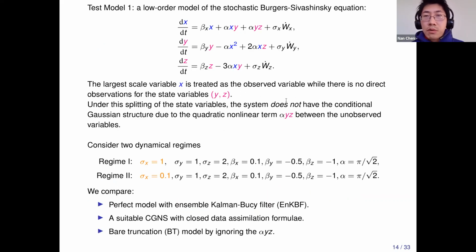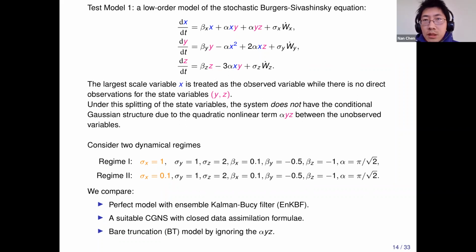Then I will show some more practical examples. Let's consider this very simple, only three-dimensional, low-order model motivated by the Burgers-Sivashinsky equation. And here, let's say X, which is the largest-scale variable, is our observation. We try to use this model together with a given time series of X to recover the hidden states of Y and Z, which are unobserved.